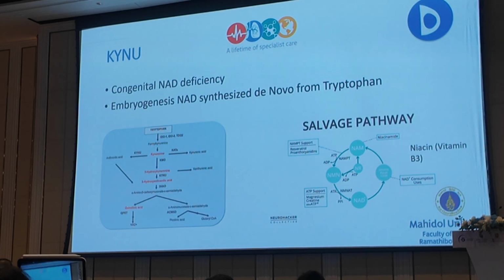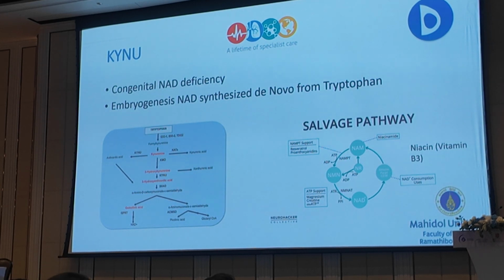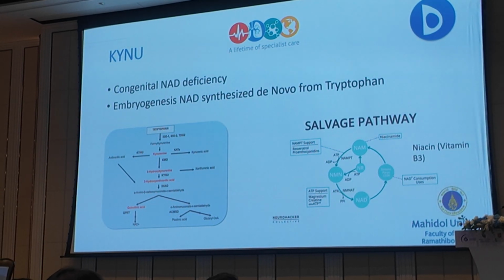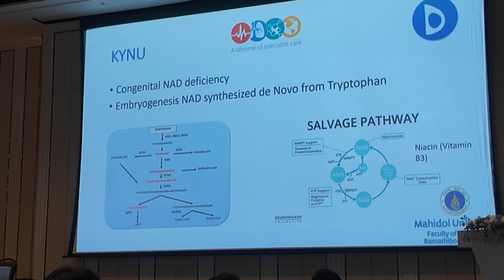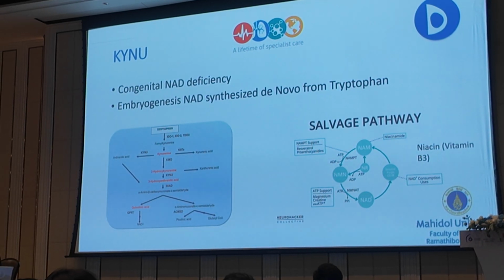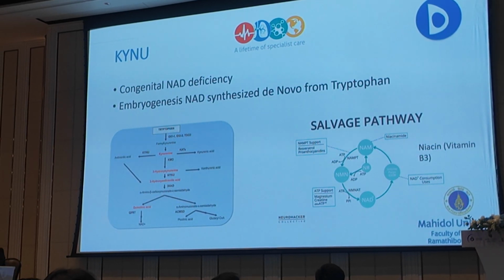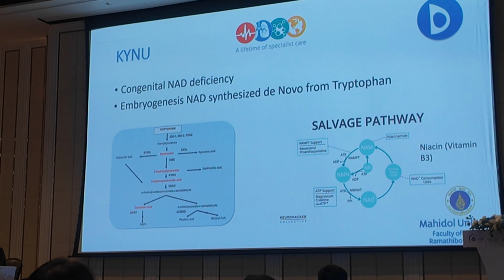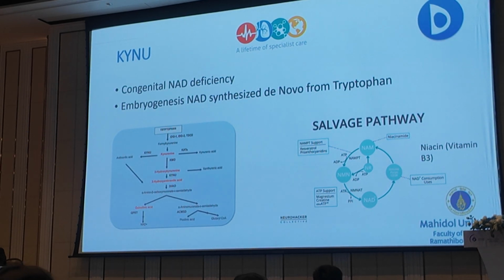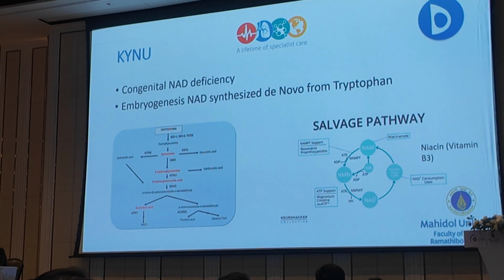Now, NAD is an absolutely essential component of mitochondrial and endless other genetic or metabolic processes. And this condition can be rescued by giving vitamin B3 or niacin. So we can rescue this disease by giving a vitamin replacement.